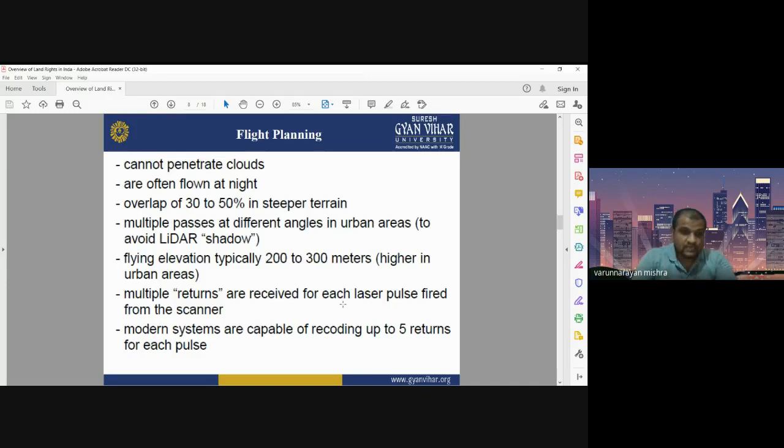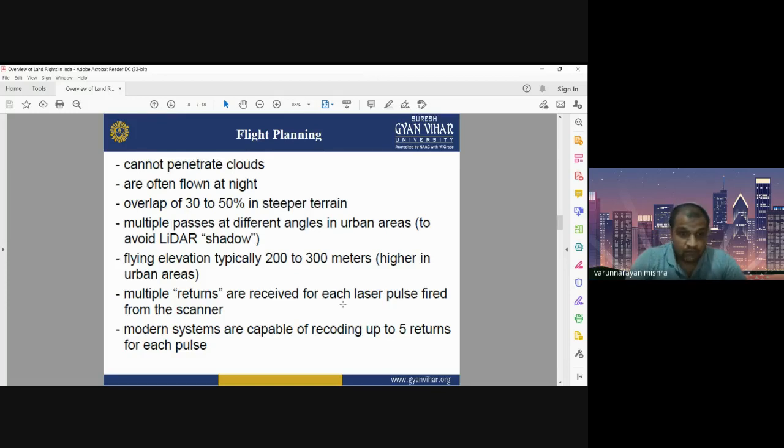So for that we need to scan that area multiple times, that is, multiple passes at different angles. Otherwise it will give you the shadow when there are very tall buildings in urban area mapping.